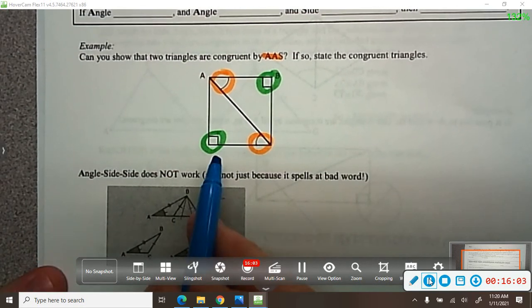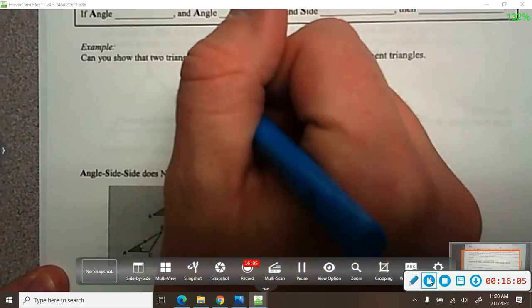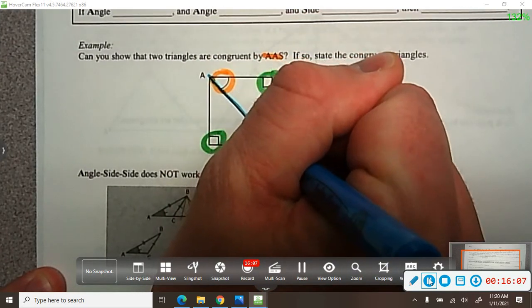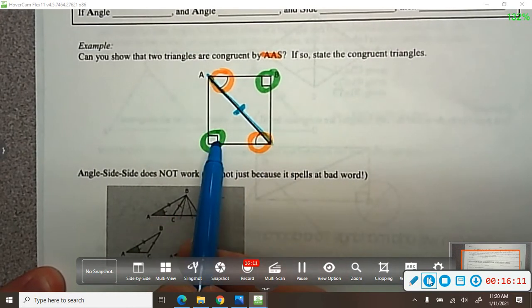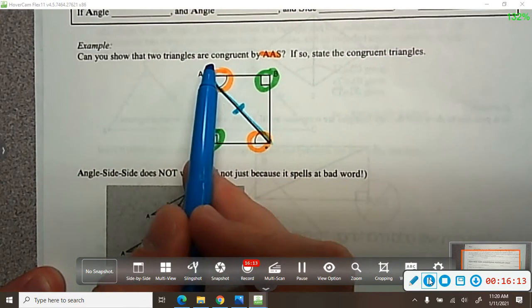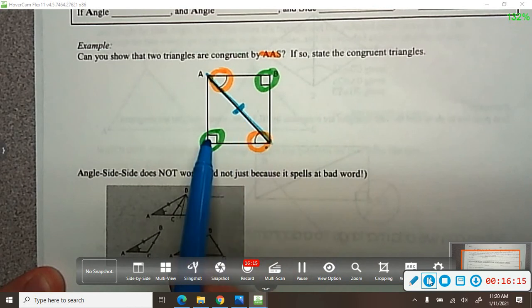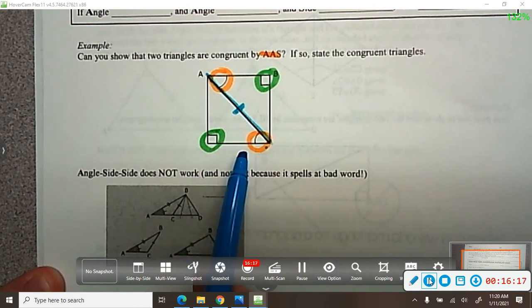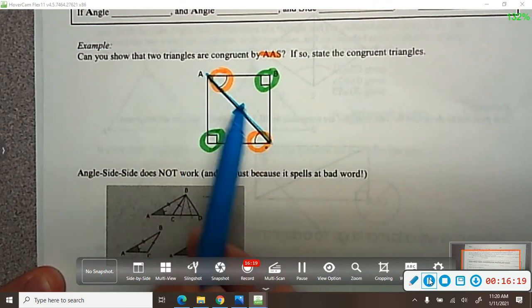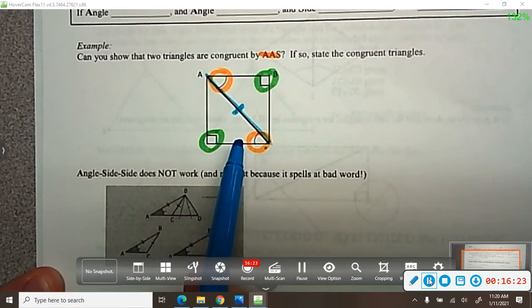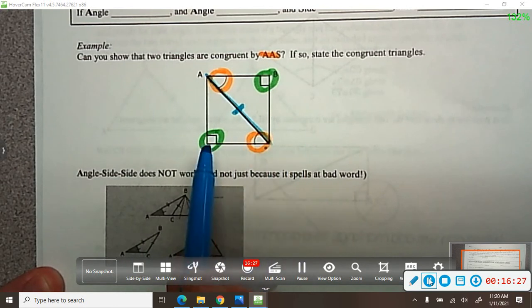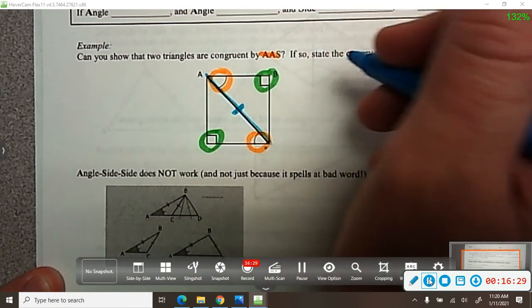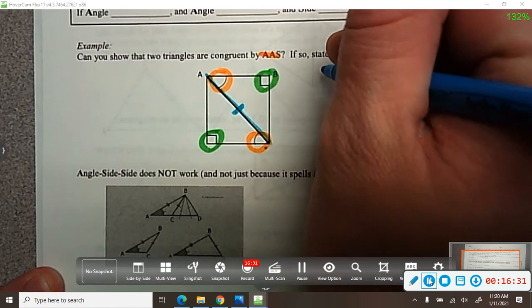And so I know, because they share the same side, that so I have angle angle side. So the side is not included between the two angles, but we know it's congruent because they share the same side. So by the reflexive property, this side equals this side is the same thing. So this would be angle angle side. So I would say yes.